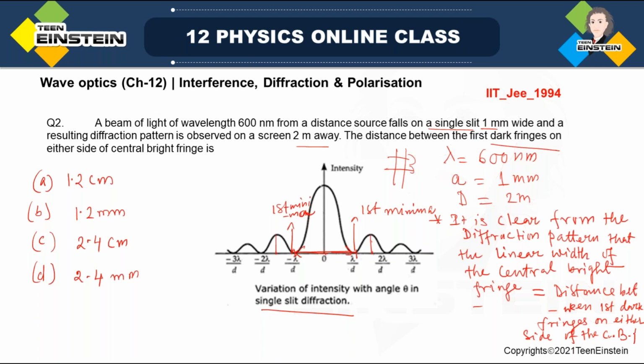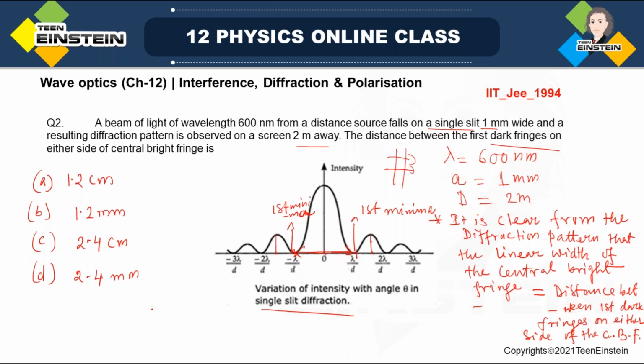So I have found that it is the linear width of the central maxima, and that itself will give you the distance between the first minima on either side of the central fringe.